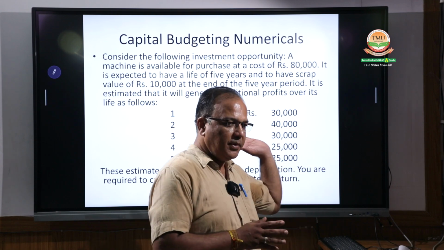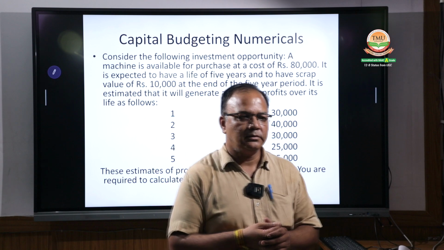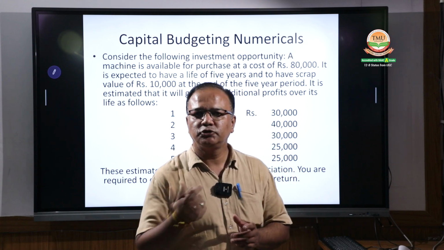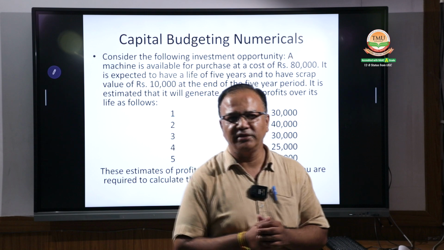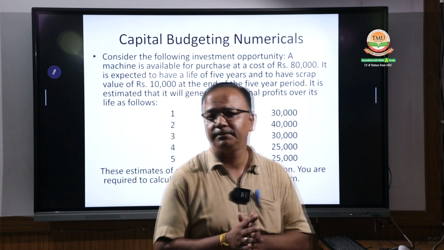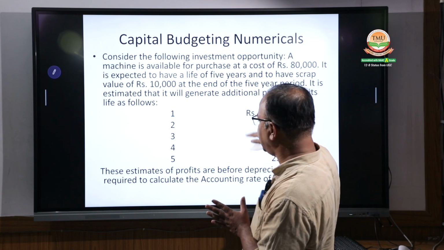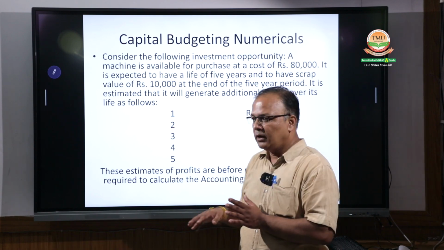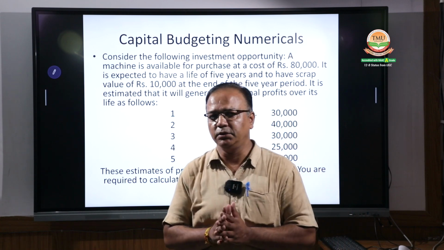Again, company has the choice to sell the machinery at ₹10,000. It means scrap value of the machinery is 10,000, just like in last question. And the profit which is generated by the company are looking same, but figures are not same actually.